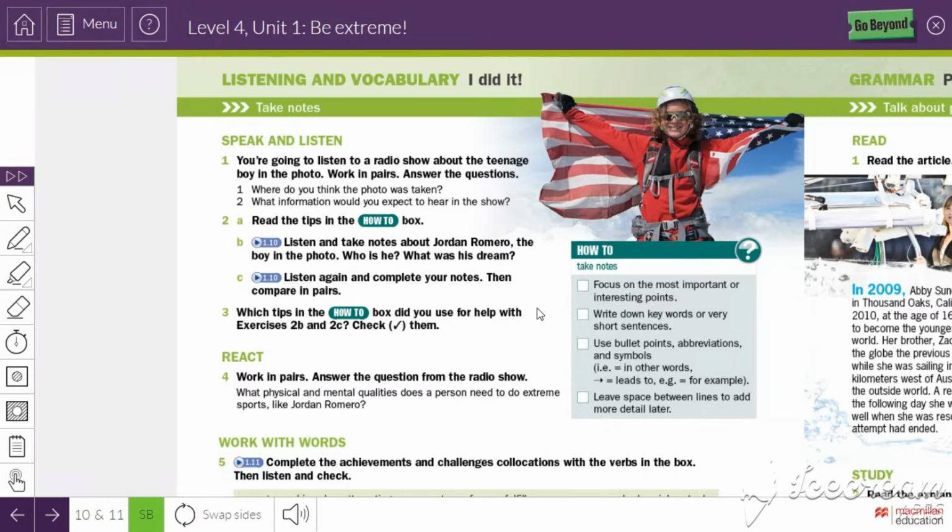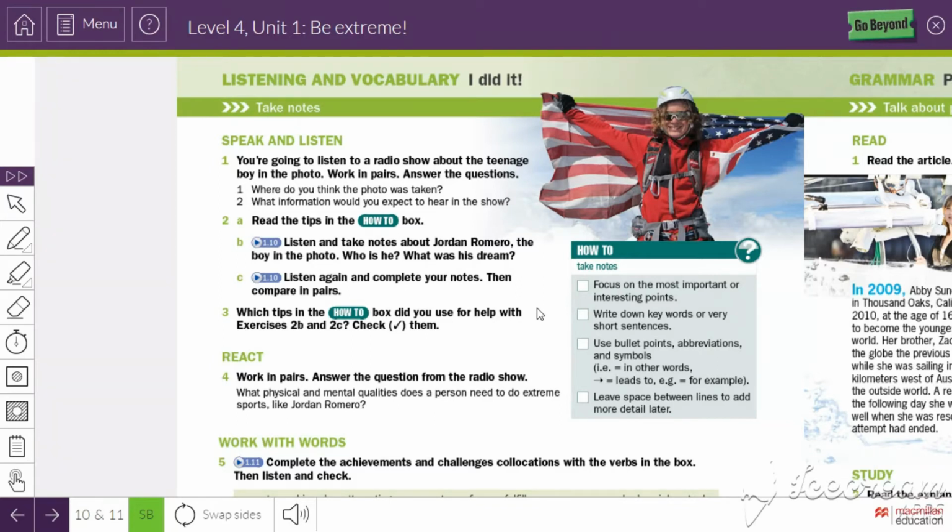It means exercise 2. They want you to read the tips in the how-to box and then complete exercises B and C. Now I want you to listen to the audio, to the conversation, and try to tell us about Jordan Romero.